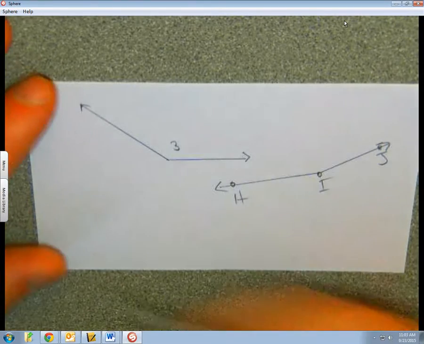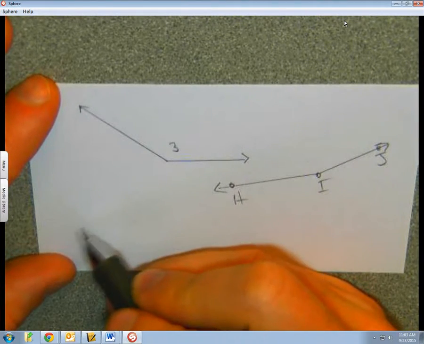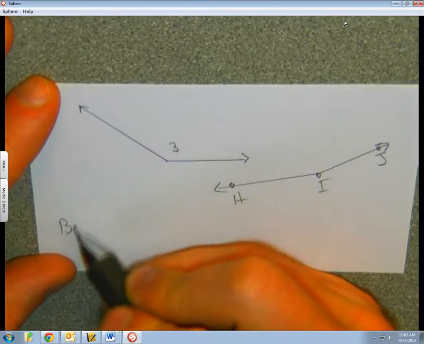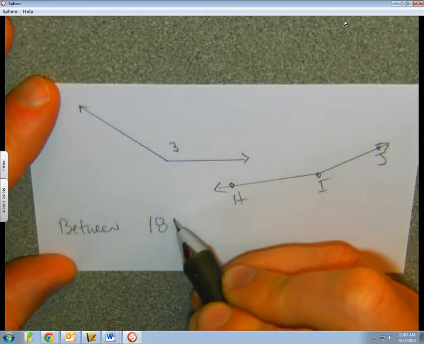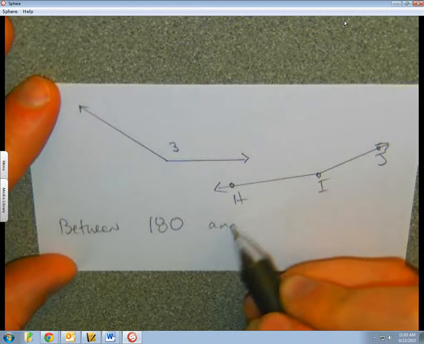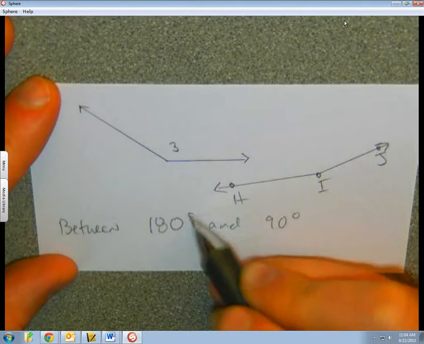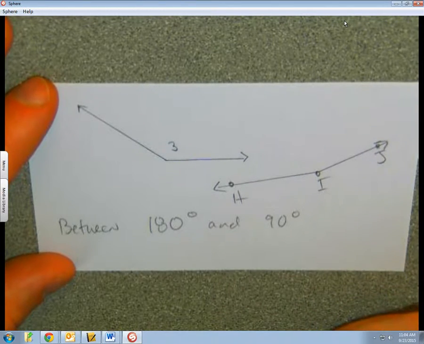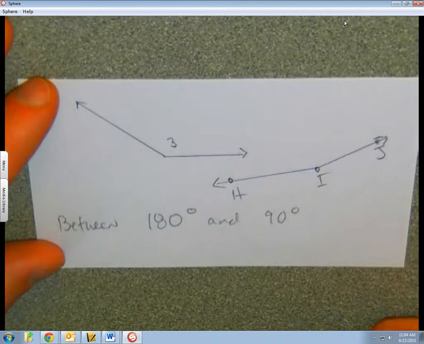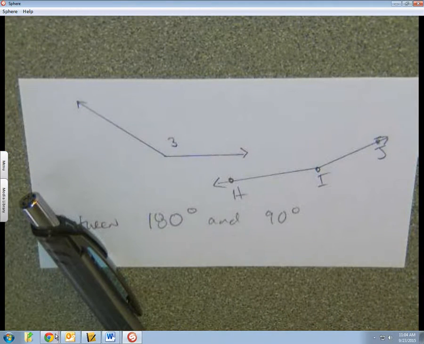So obtuse is between 180 and 90 degrees. Okay. And obtuse, see if this will work.